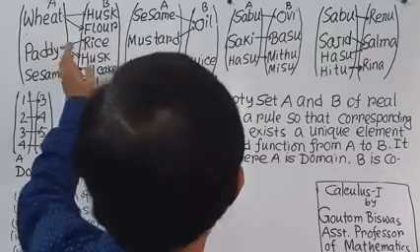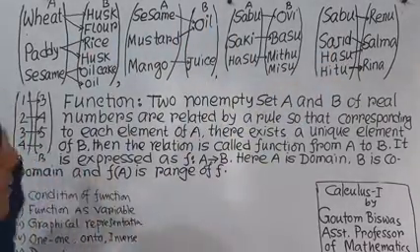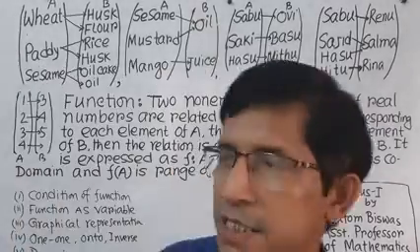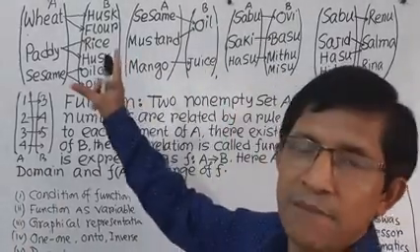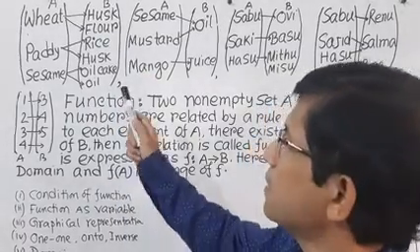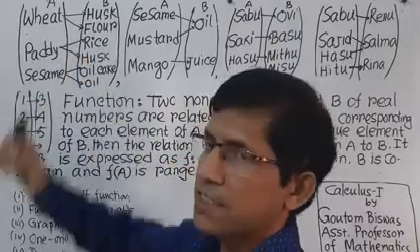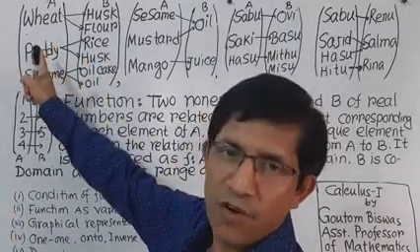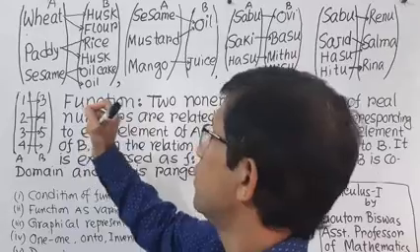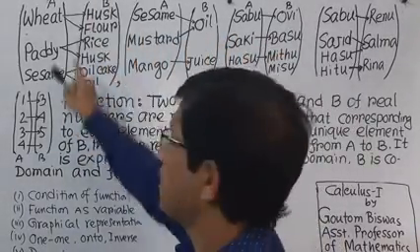Okay? And here 1, 2, 3, 4 and 5 examples are given. Among these examples, you can see that each element of the first set relates with one or more elements of the second set.